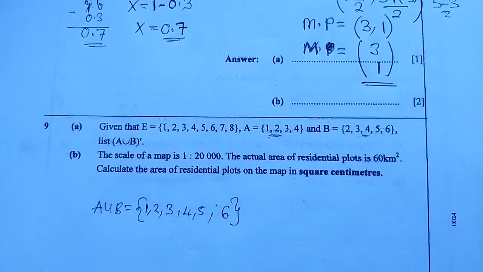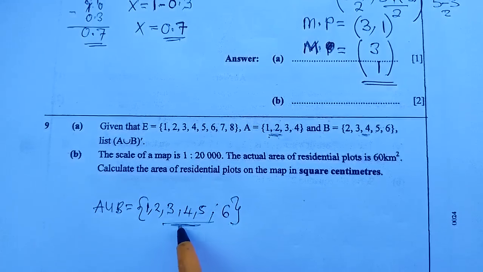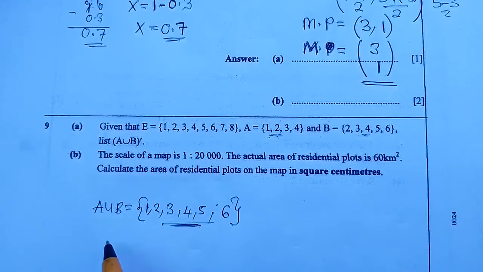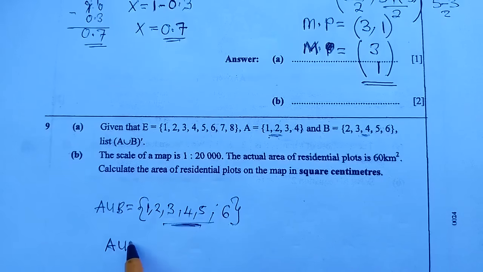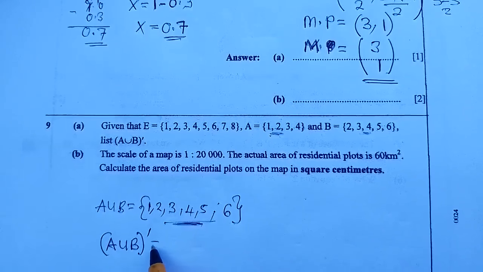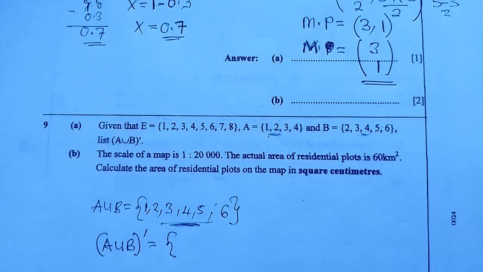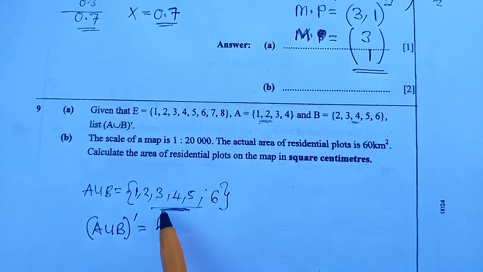So this is A union B. They don't want these elements now. So when you say A union B, they include a complement. It is equal to what? Then this is what you are going to do. The elements which are in the universal set but not here.